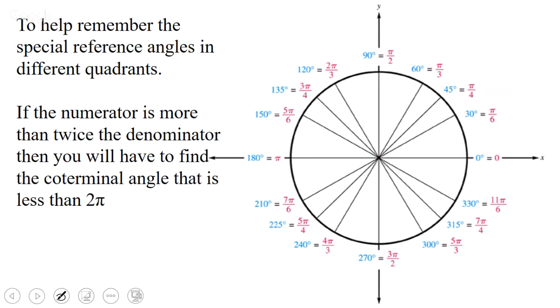Now, if you have a radian measure where the numerator is more than twice the denominator, you got to find the coterminal angle that is less than 2 pi. So you got to find the coterminal angle first, and then you go through the whole process we did before. So that's for positive angles.